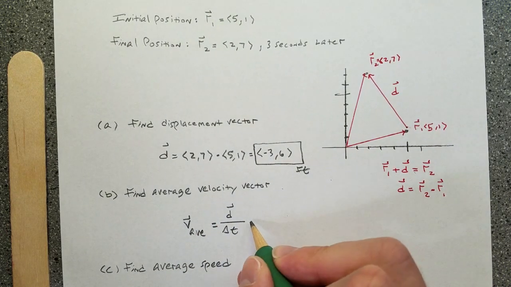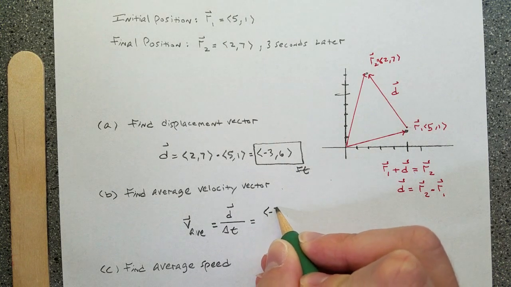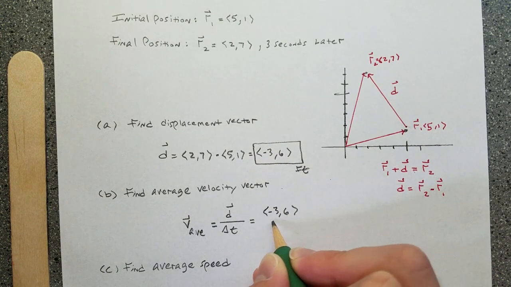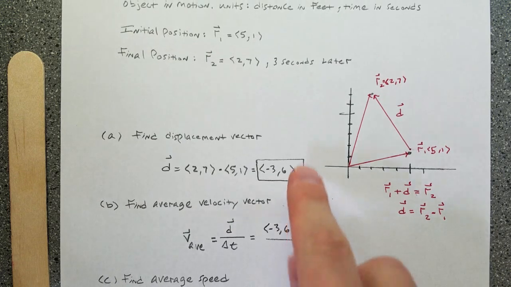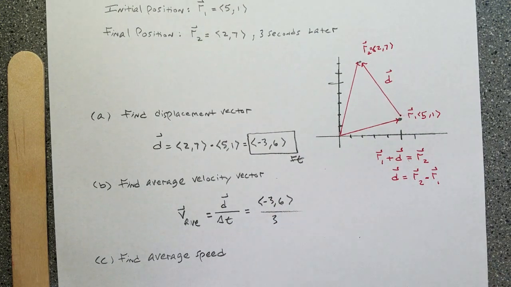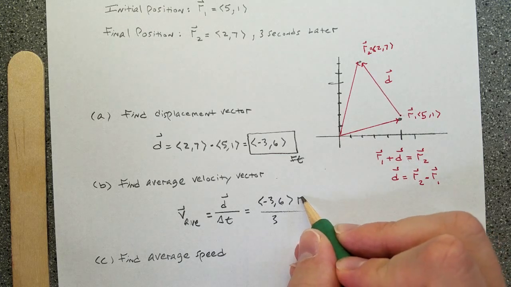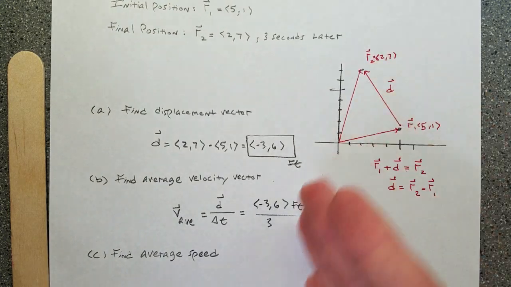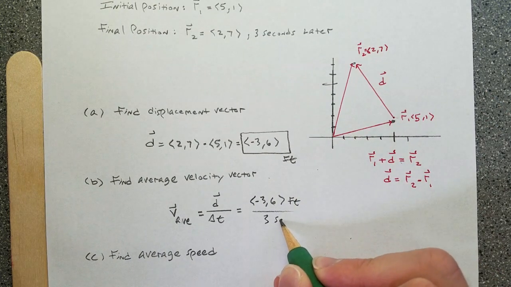So we're going to take -3, 6, which is our displacement. And how much time passed? It's 3 seconds, so we're going to divide that by the scalar 3. Now, there are units here. Displacement is going to be in feet, and time will be in seconds.